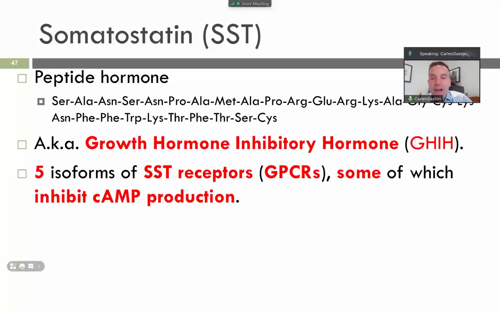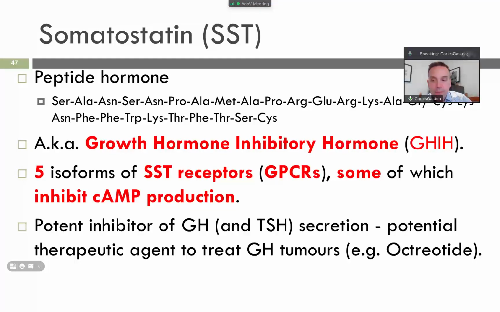It has 5 isoforms of receptors, SST receptors, and they are also GPCRs, some of which can inhibit cyclic AMP production. It acts as a potent inhibitor of growth hormone and also thyroid stimulating hormone.